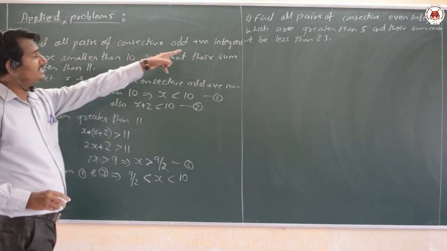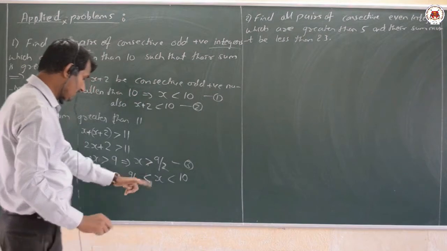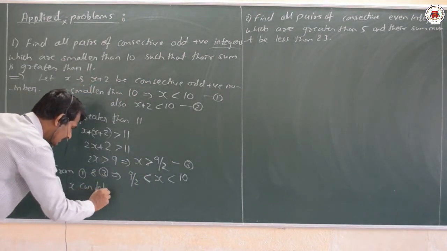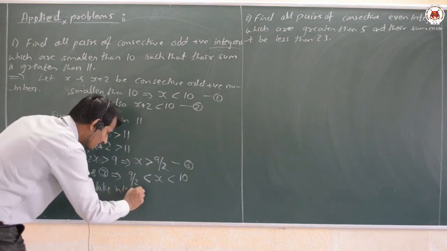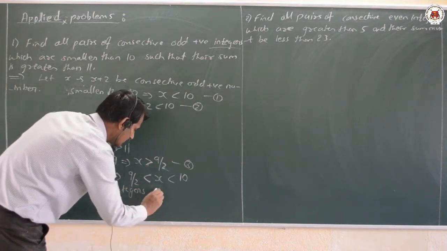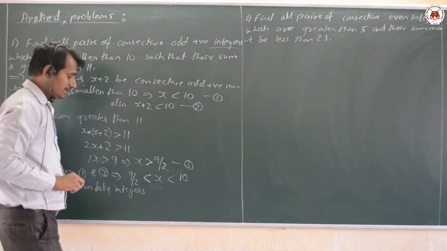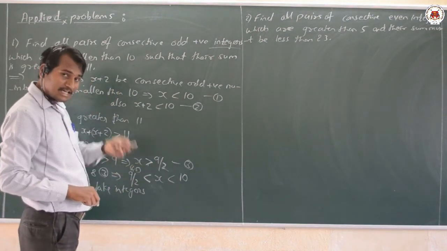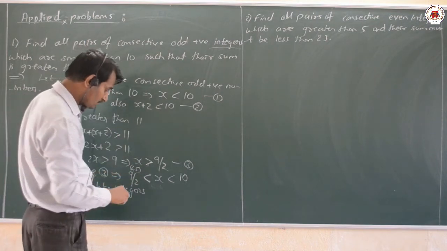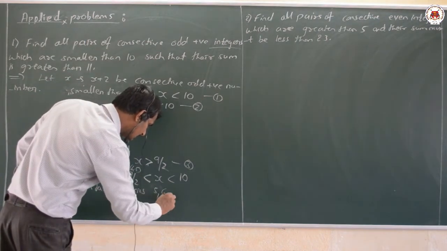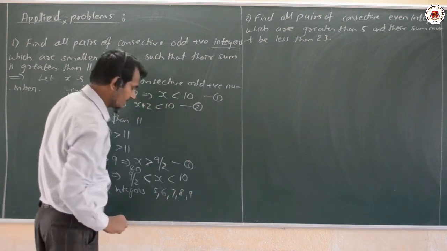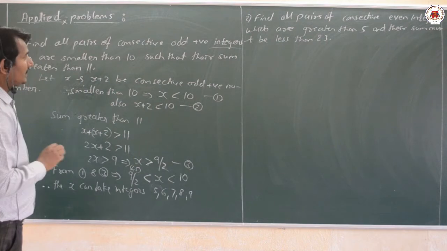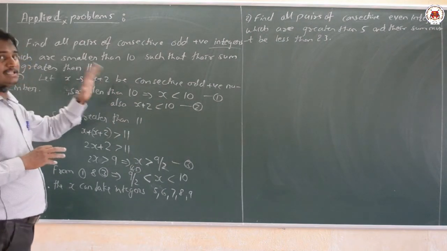Therefore, integers between these values. 9 by 2 is nothing but 4.5, and 4.5 is not an integer, so we have to take greater than that. So we get 5, then 6, 7, 8, and then 9. We can't take 10 because x is less than 10. So now what is the pair? The pair is x comma x plus 2.